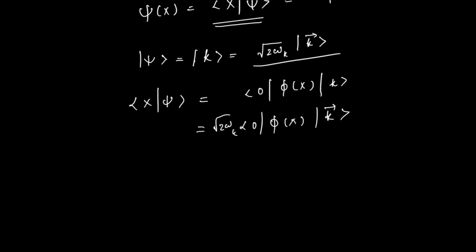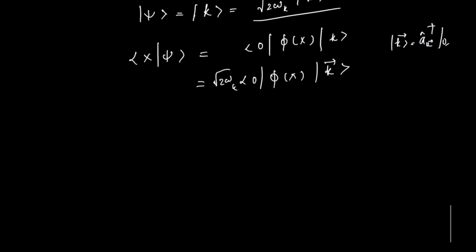Now what is k vector? K vector is ak dagger acting on the vacuum. So I can substitute here. This is equal to root of 2 omega k 0 phi of x. K vector is ak dagger acting on the vacuum state, right.